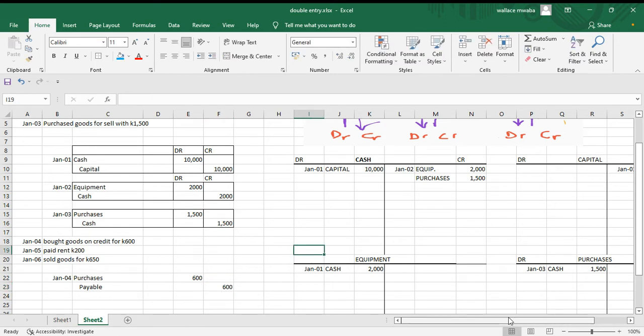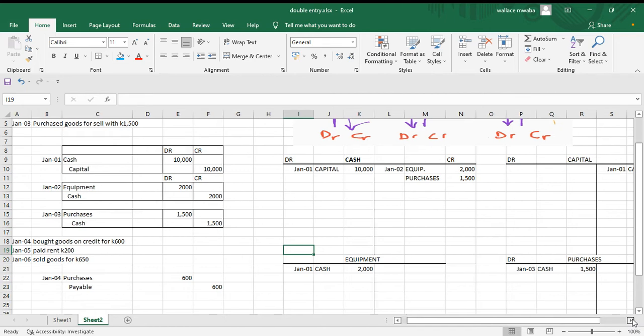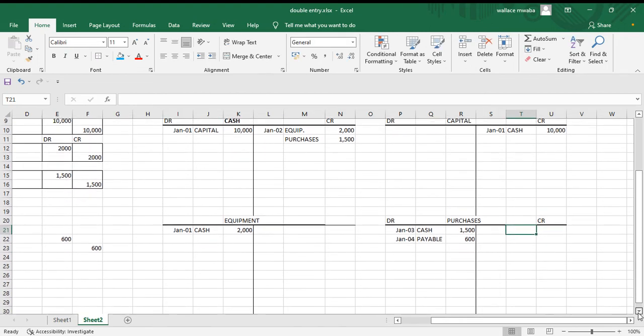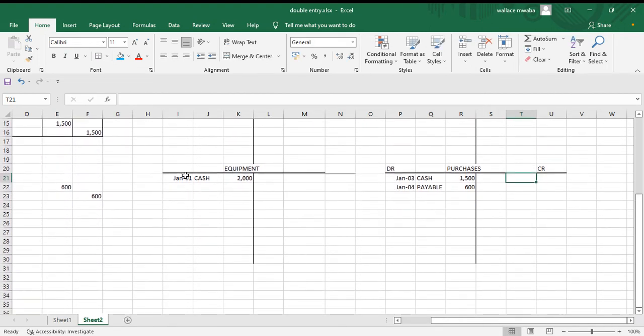So we're going to go to our purchases account, right? We debit purchases account 600, all right? This was January 4th. And we put here payable, right? Then we open up the payables account, okay?